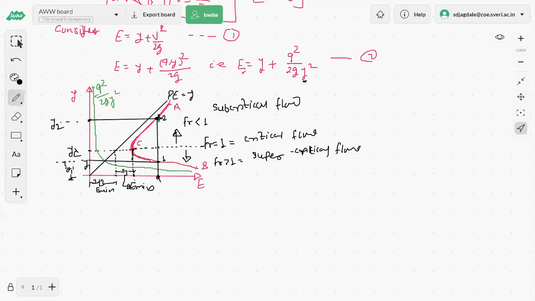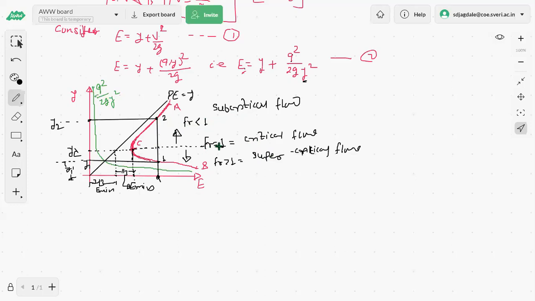As the depth is much more, the associated velocity of the flow will be less. As velocity is less, the Froude number will be less, because the Froude number is equal to v by root gd, a direct proportion, and that flow is called subcritical. So we have subcritical, critical, and supercritical.